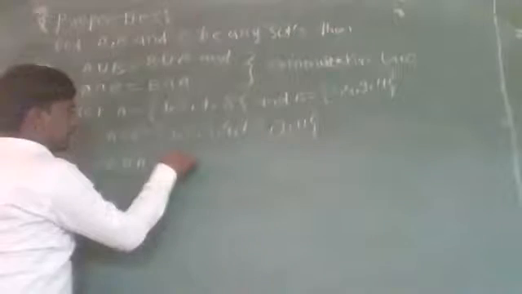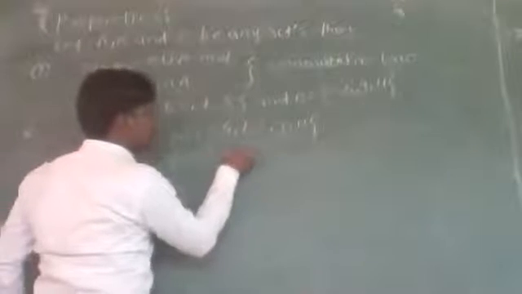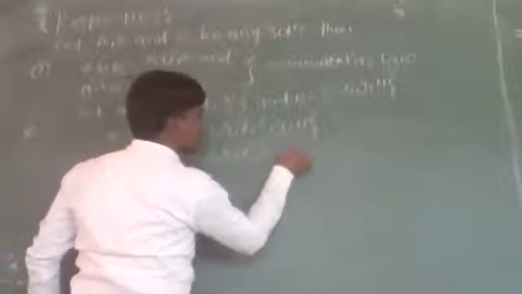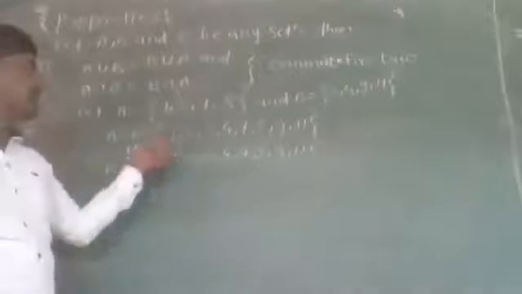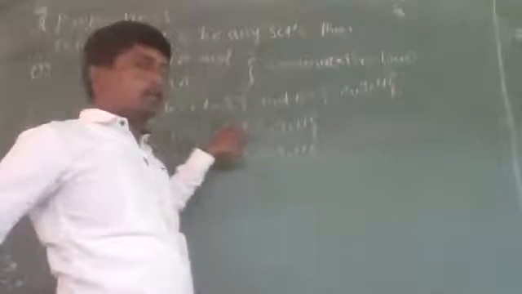This one is A union B, and B union A contains all the elements which belong to either set B or set A, which is again 1, 2, 3, 4, 7, 8, 9 and 11. Any two sets are said to be equal if each element belonging to both sets is the same. Therefore, A union B is equal to B union A, and this is called the commutative law.